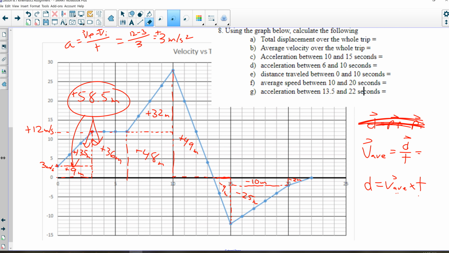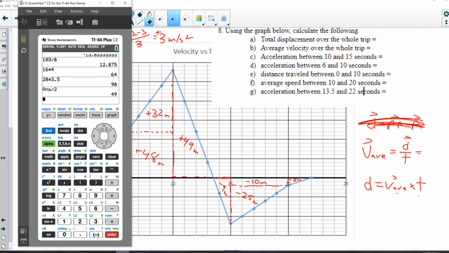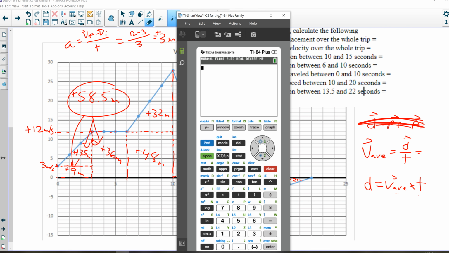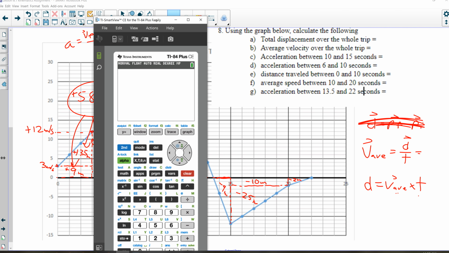Okay, that's like the rigorous part of this. Now, what do I do with all these numbers to get the total displacement? I add them all up, making sure that I keep the negative numbers negative. We already figured out the 58.5 for the first part, so we might as well use that.